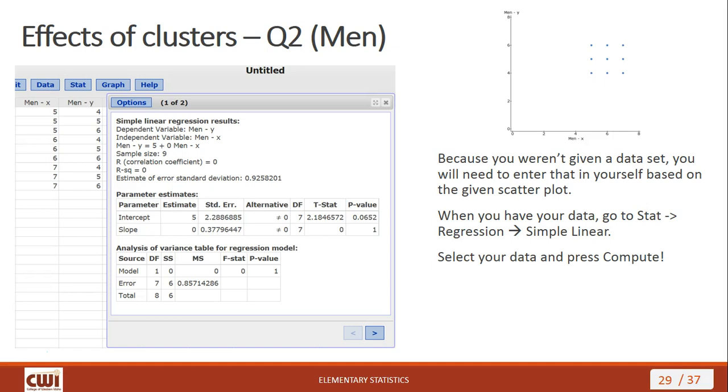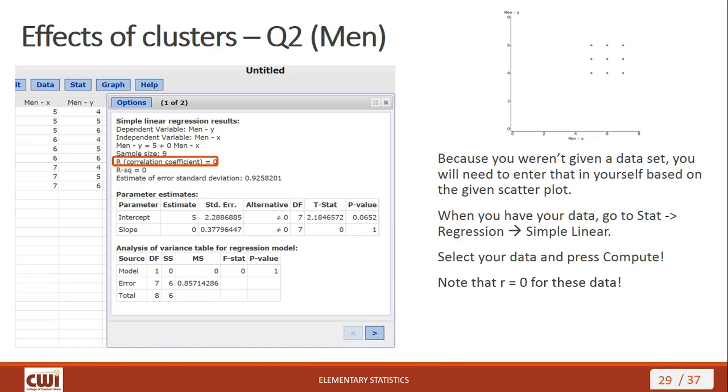You have to take it visually from the graph. Then in StatCrunch, I'm going to go to Stat, Regression, Simple Linear, tell StatCrunch where to find my data, and press Compute. Now I get these results out, and notice again the linear correlation coefficient R is 0.